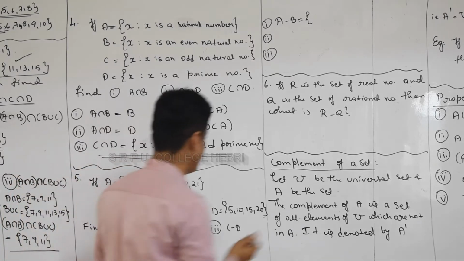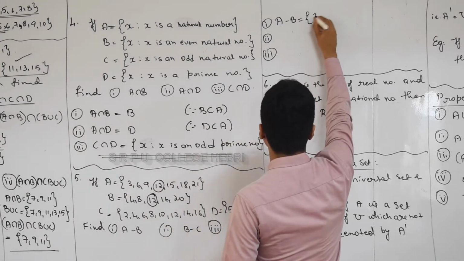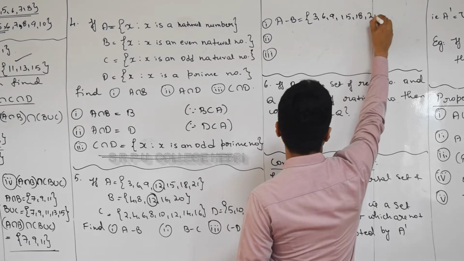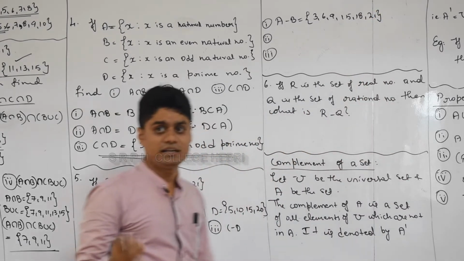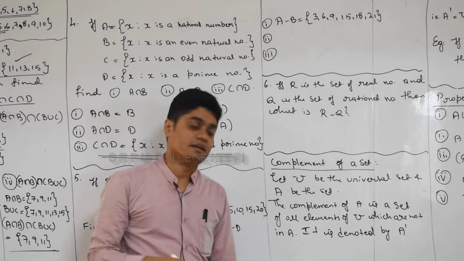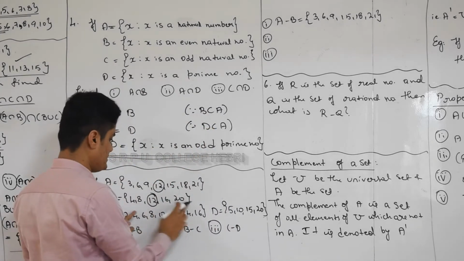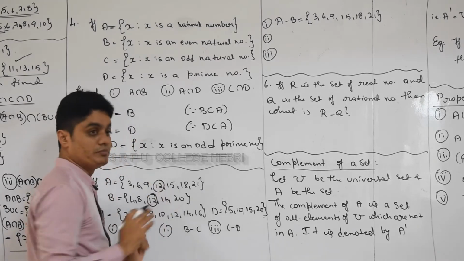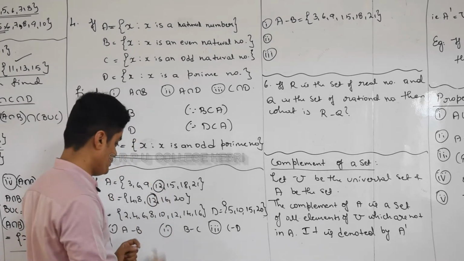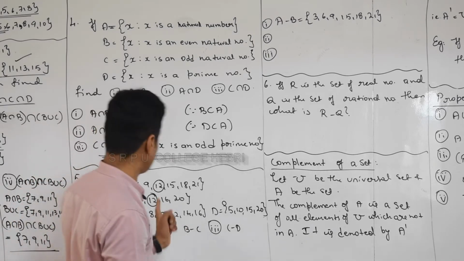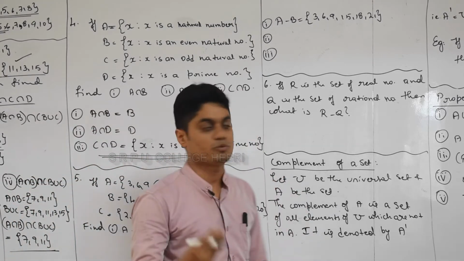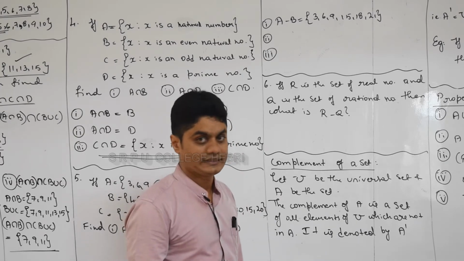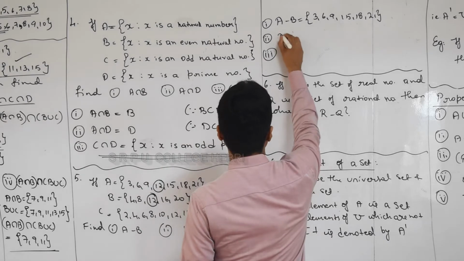So just remove that from A, and it will give you A minus B. We are removing the elements of B from A. See, there is no chance to remove other elements because they are not common. The elements which are common between both, those elements you have to remove. So here how many elements are common? Only one element. What is that element? 12. So remove that, finish. 3, 6, 9, 15, 18, 21. That's it. Very good.